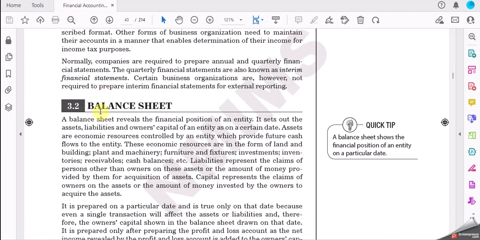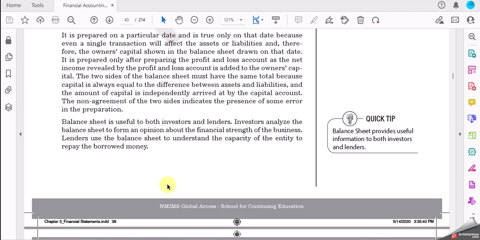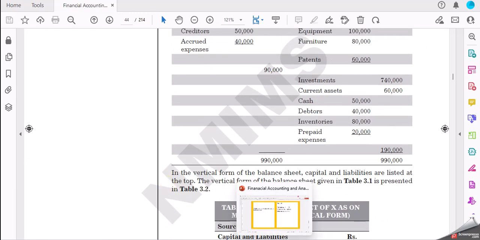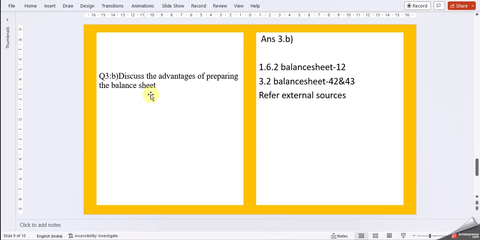Then you have the detailed information on the balance sheet. But the question here is again asking you for the advantages of preparing a balance sheet. Try to understand on your own, and try to write it in your own words by referring to external sources.